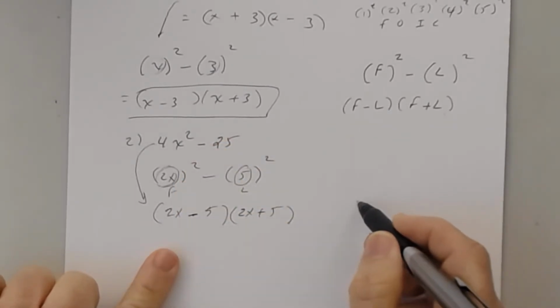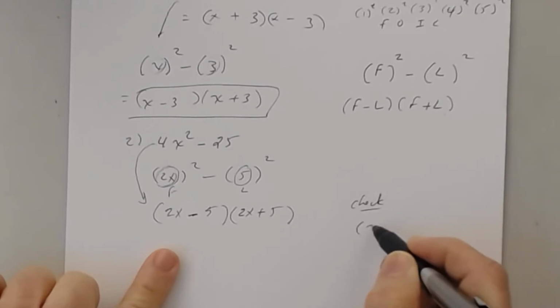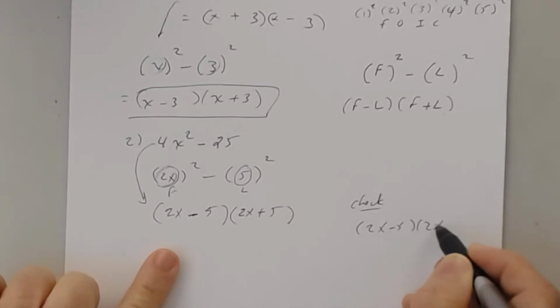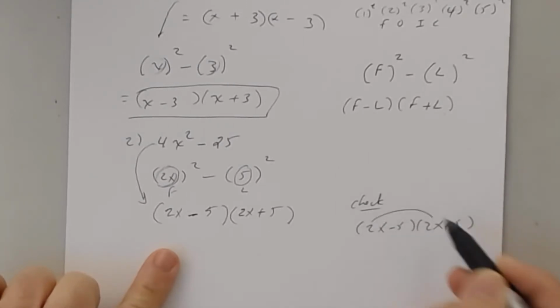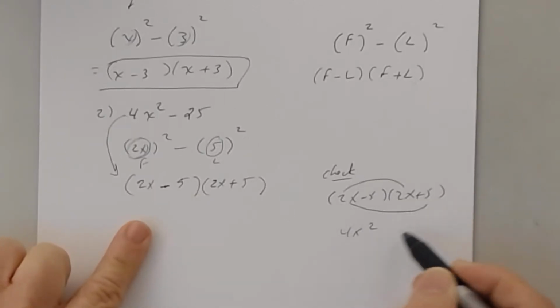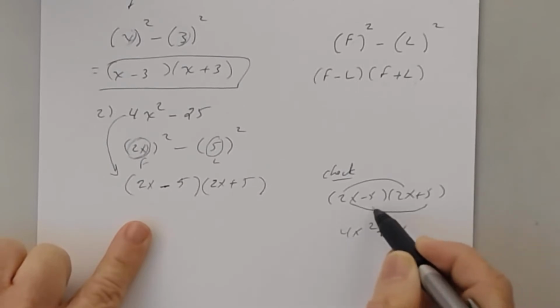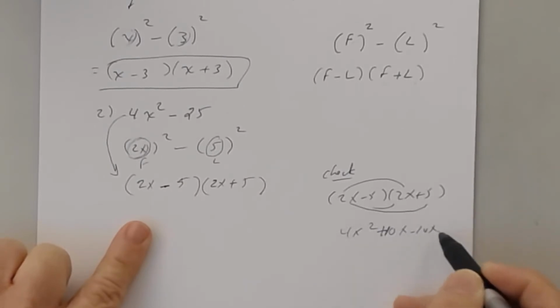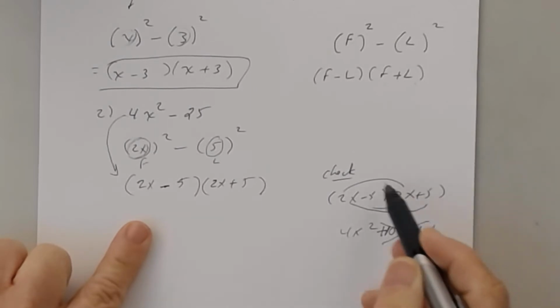For example, if I check it, what's the first? 4x squared. What's the outer? 10x, right? What's the inner? Minus 10x, and those cancel, right? And then what's the last?